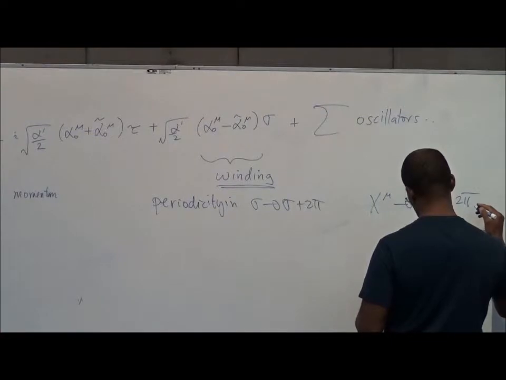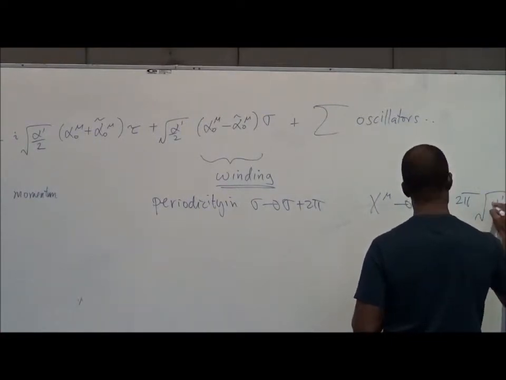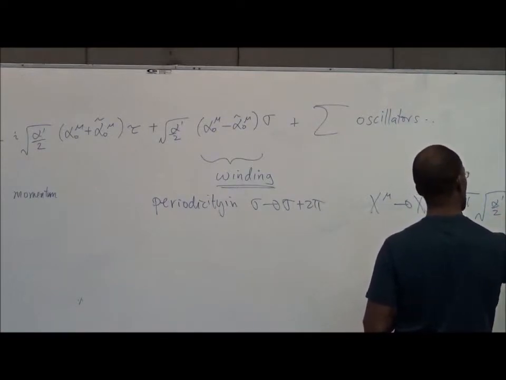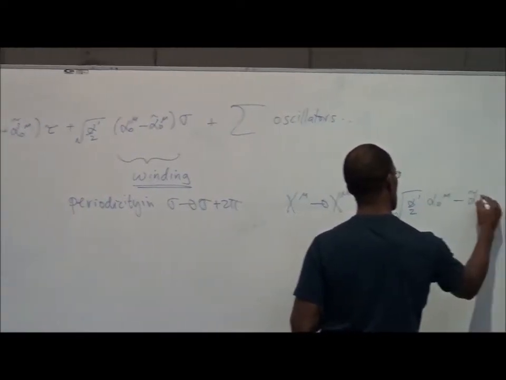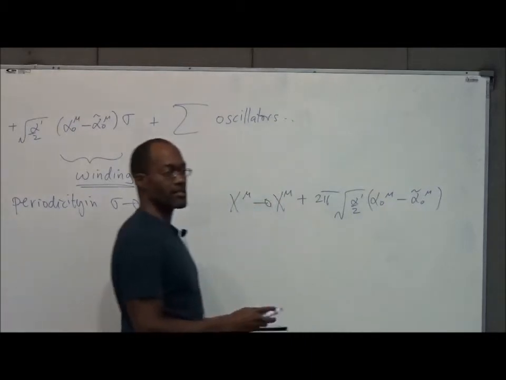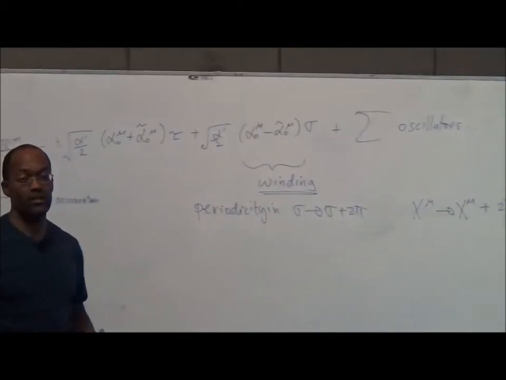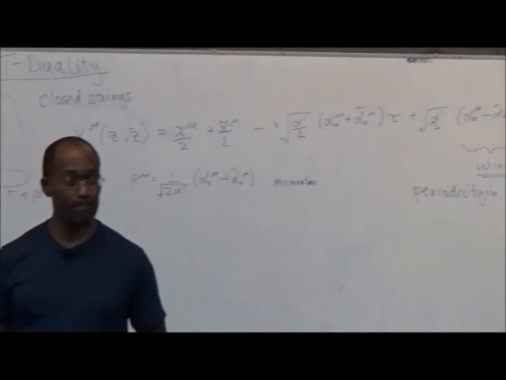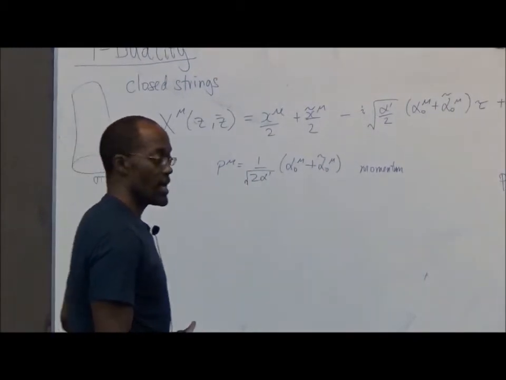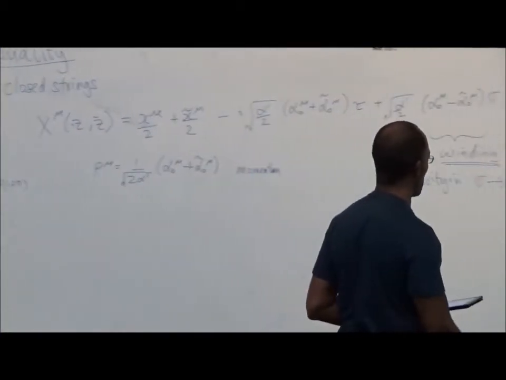Let's check. That's right. Alpha prime over 2, alpha mu 0 minus alpha tilde mu 0. All I did is I just shifted sigma by 2 pi there. And so that's kind of right.